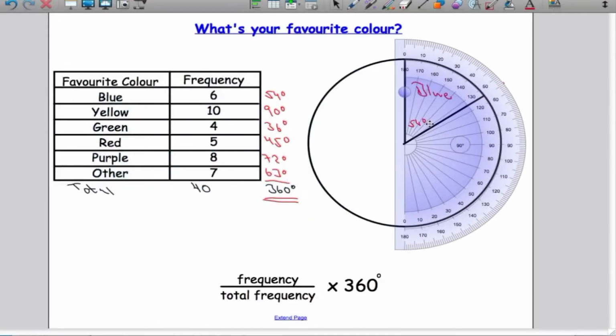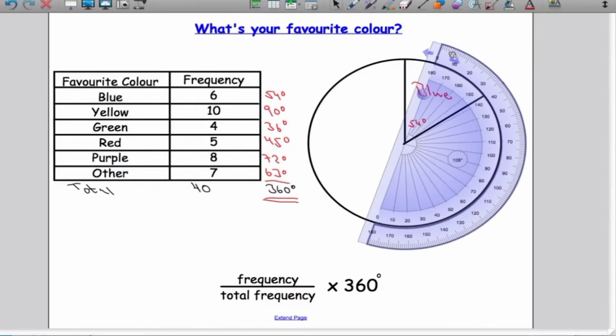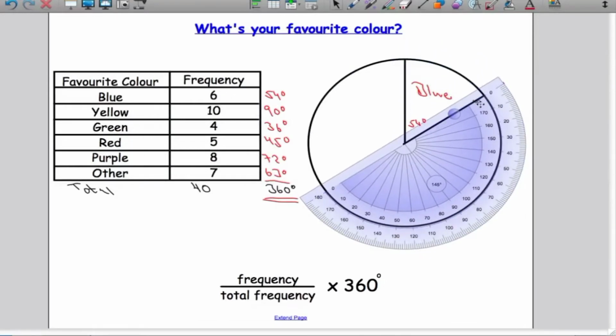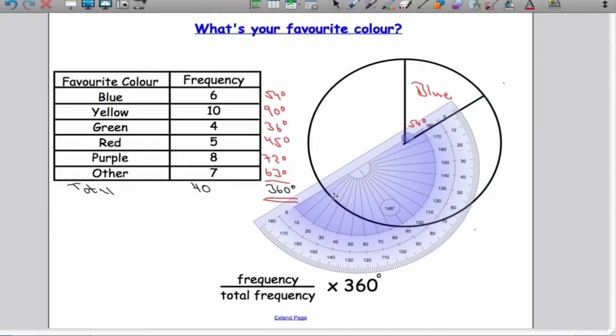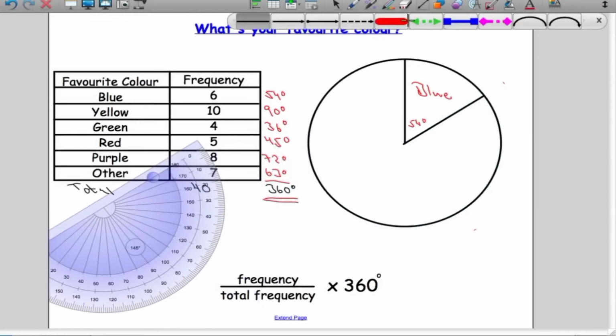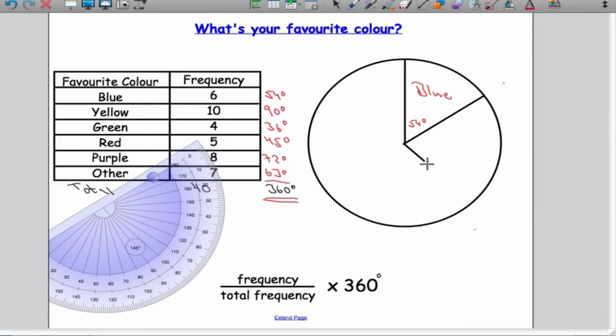Then moving forward, we are going to yellow. And from the result, yellow is 90 degrees. So with the aid of our compass, the 0 in the compass is placed at the line where we stopped initially. From there, you can get your 90 degrees. Then with the aid of the ruler, you will draw your straight lines. So for yellow, we have 90 degrees.